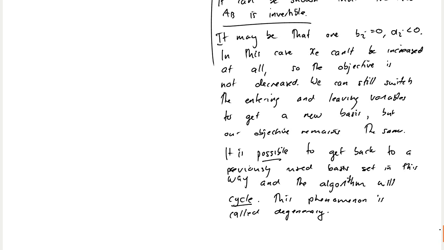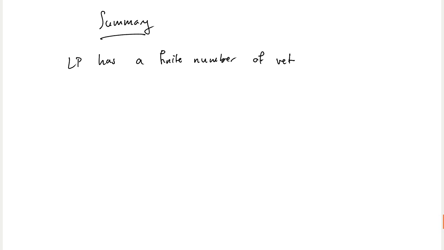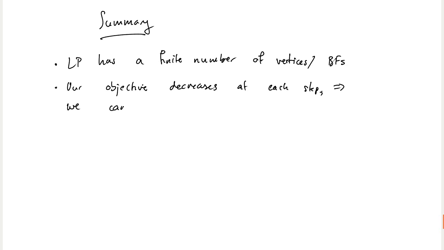Okay, so just to sum up, will this method terminate? Well, apart from the cycling case that I just discussed, summary: if our LP has a finite number of vertices, or basic feasible solutions, and our objective decreases at each step, therefore we can't revisit an earlier basis.